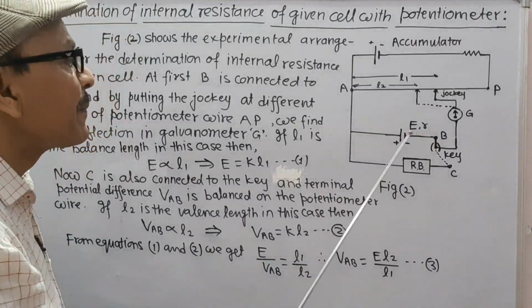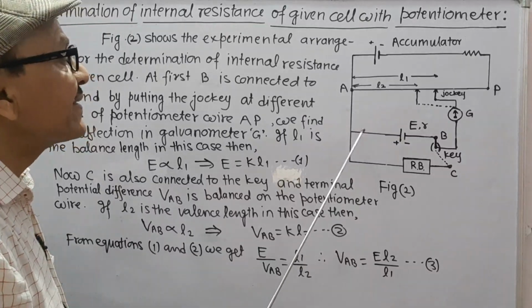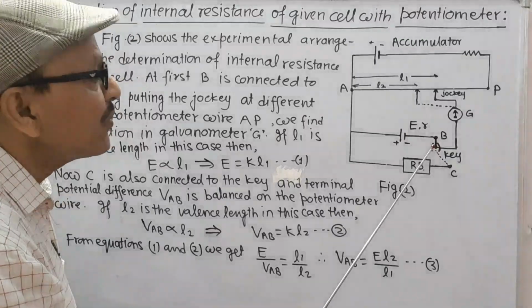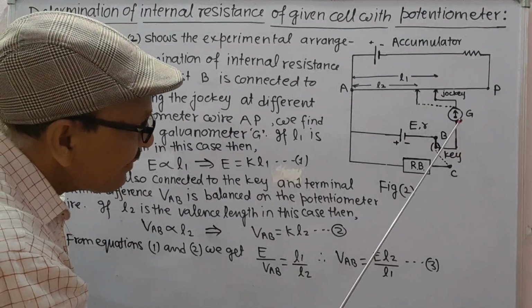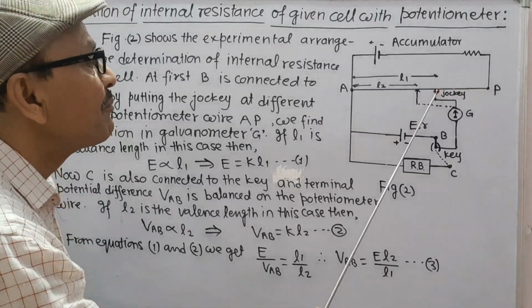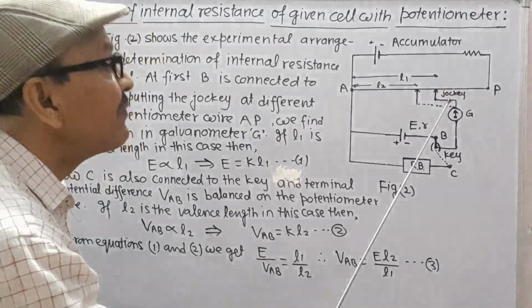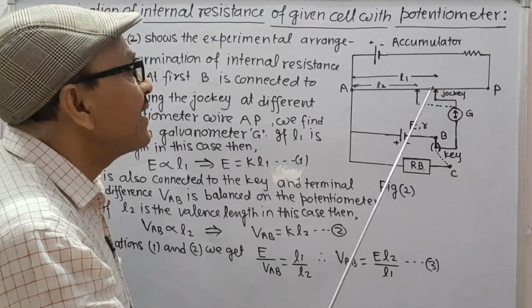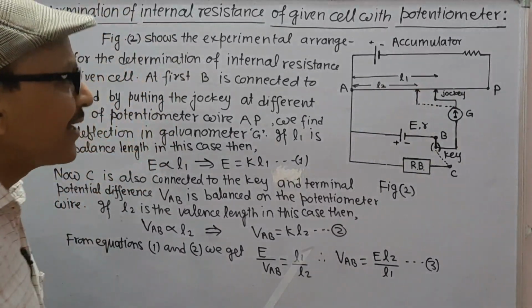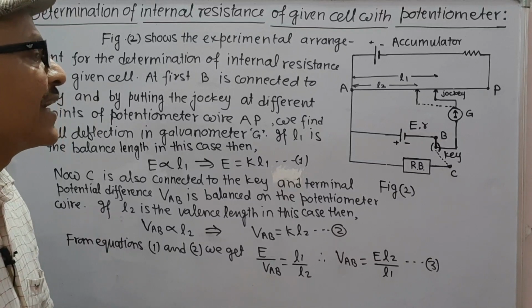This is K. At first, point B is connected to K, and by putting the jockey at different points on this wire, we find out the null deflection in the galvanometer.